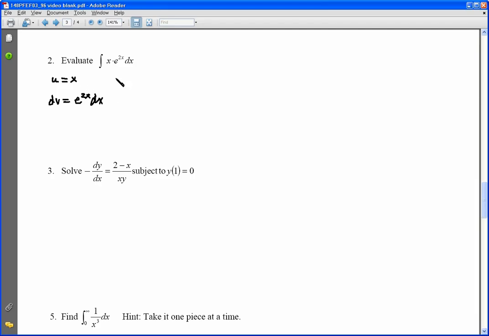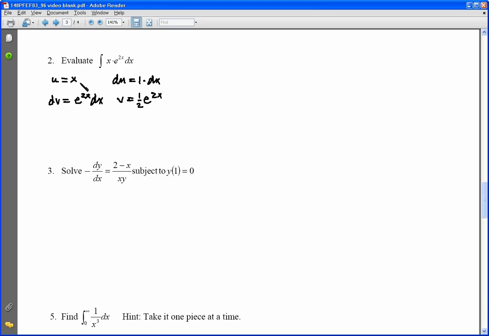And then let's see here, du, the derivative of x is 1 dx. And then here v, you do the antiderivative of e to the 2x, you get e to the 2x. If you're doing a derivative, you do times 2. With antiderivative, remember you do 1/2.